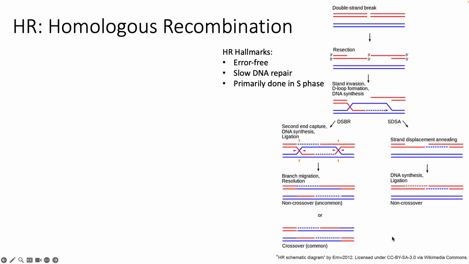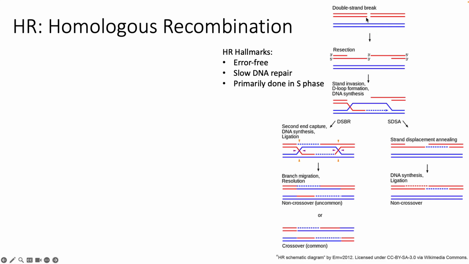Now, homologous recombination. The hallmarks of that are that it's error-free, it's a slow process of DNA repair, and it's primarily done in S phase. Briefly, you have the double strand break in one of the chromosomes, and the other chromosome is intact, the homologous chromosome or the sister chromatid.